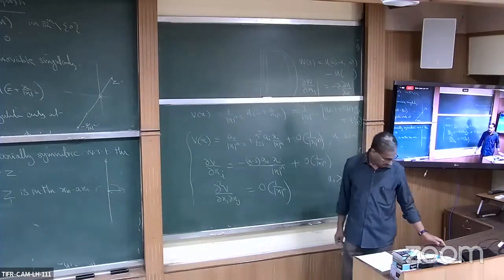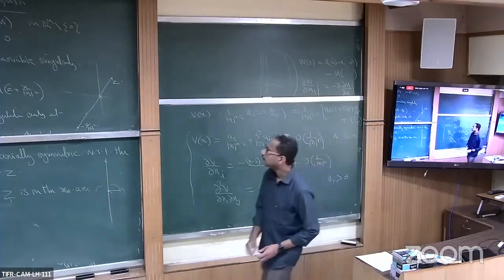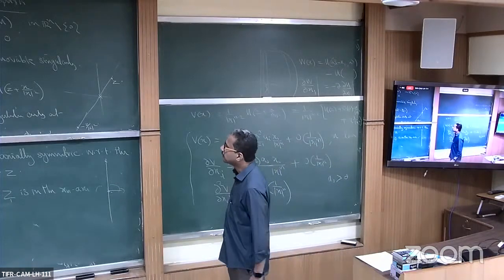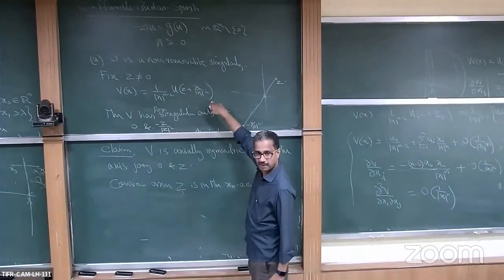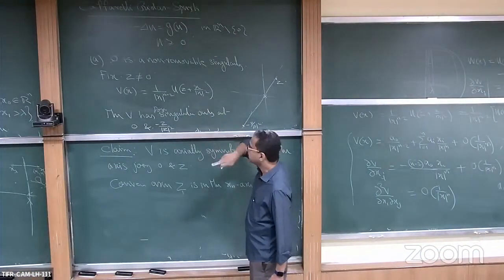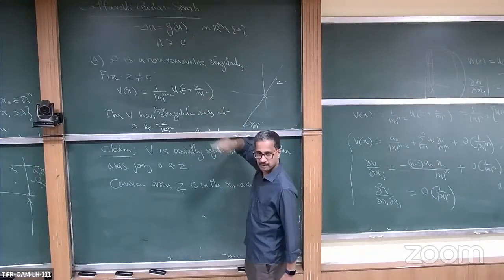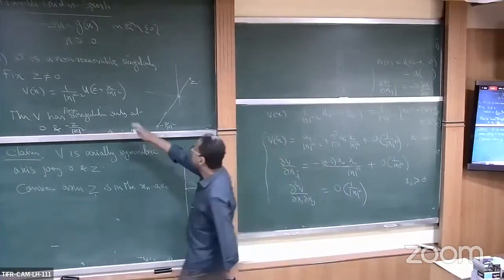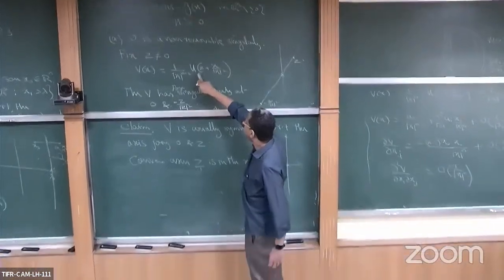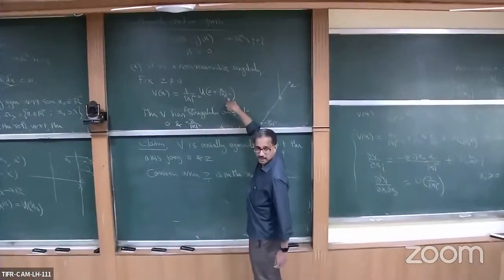So that v will be u times x plus z by z. It will be x plus x by mod x square. I am taking the Kelvin transform, because 0 is basically the singularity point. So it will be a singularity when x plus z, this is going to be 0.